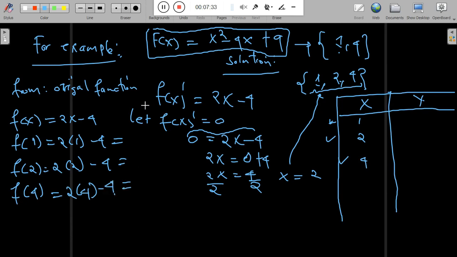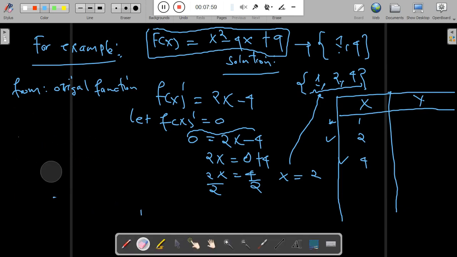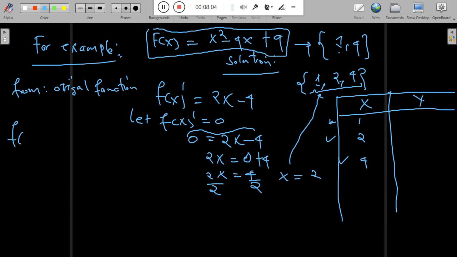Probably this is not right. We need to take the original function, and not the first order derivative function. So let me put it clearly: we take the original function and not the derivative function.